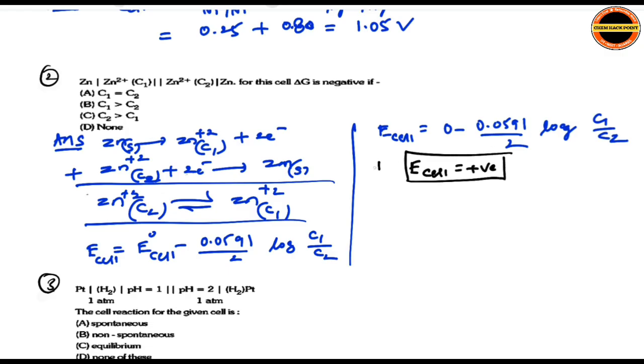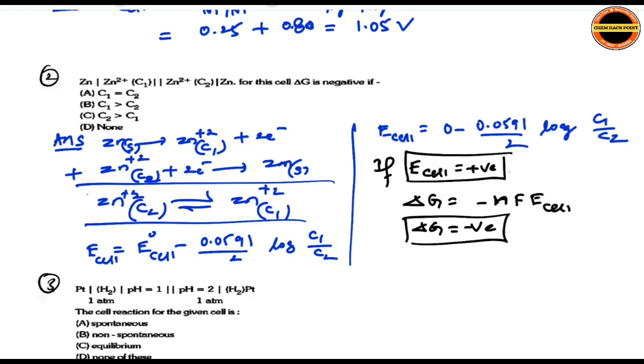If E cell is positive, then we know delta G is equal to minus nFE cell, so delta G is negative. If E cell is positive, delta G is negative. When is E cell positive? You can specify like this: if E cell is positive, delta G is negative, since delta G is minus nFE cell.